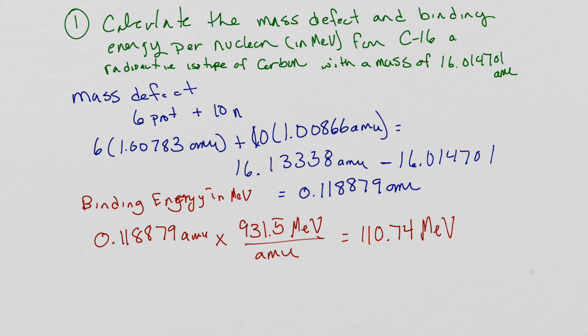And if we do this per nucleon, for 16 nucleons, we get a binding energy per nucleon that's equal to 6.921 mega electron volts.